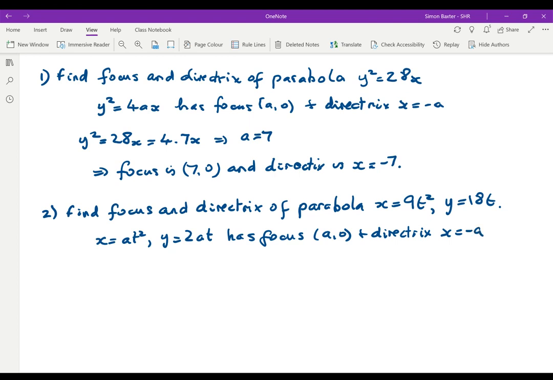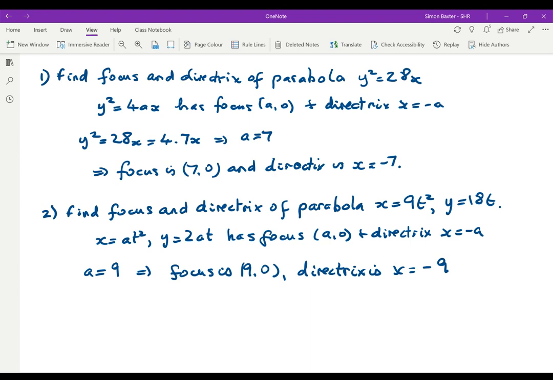So if we look at x equals 9t squared, we've got that a equals 9. Does that work with y? 2at, 2 times 9 is 18, yes. And therefore, the focus is (9, 0), and the directrix is x equals minus 9.